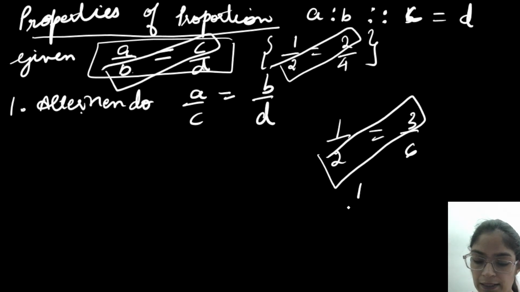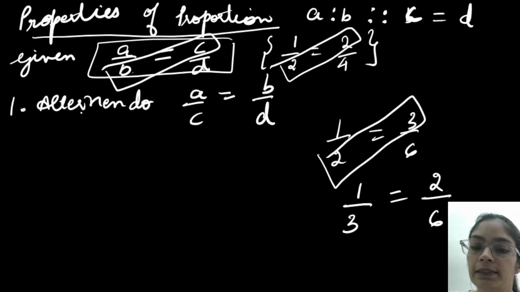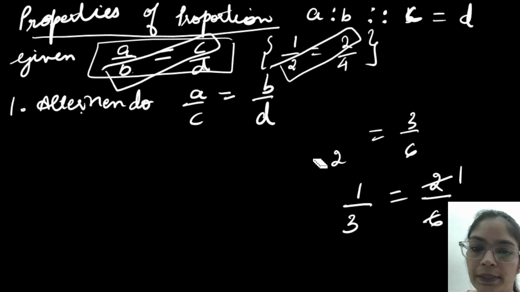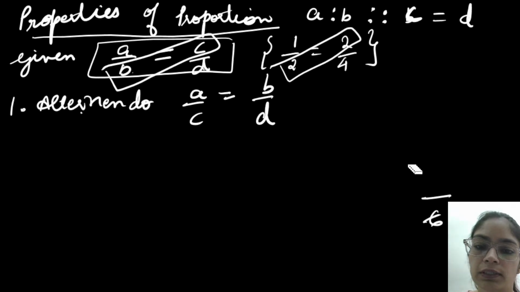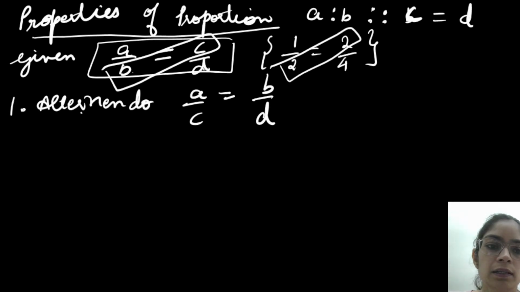Here we will get 1 by 3 and here it will become 2 by 6. Again you can see both are the same, because when you cancel this, it will become 1 by 3 only. So these two get interchanged when we apply the property alternando. This is the first property. Then the next property is invertendo.